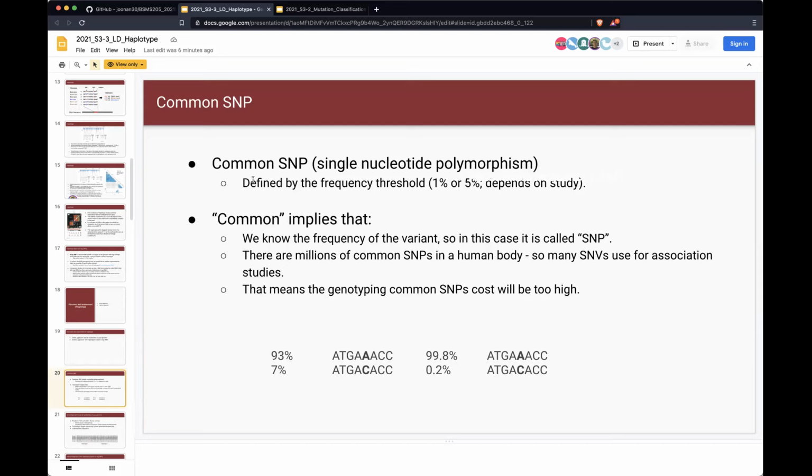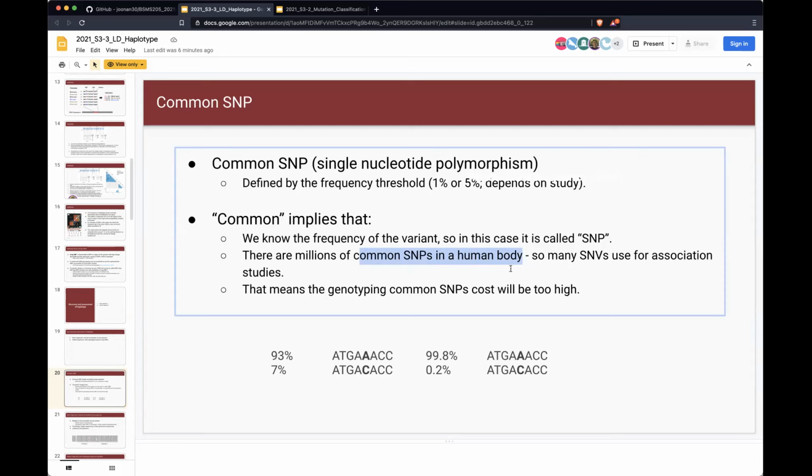And how common is defined by a frequency threshold greater than 1% or 5%, right? This implies that we know the frequency of the variants, so that's why we can call it polymorphism. And also there are millions of common SNPs in our genome, so we can use many SNPs for whatever disease studies or association studies.